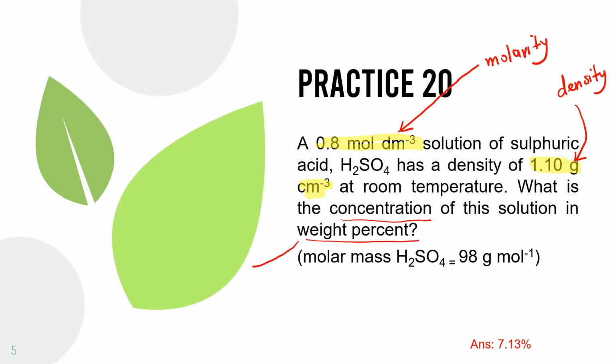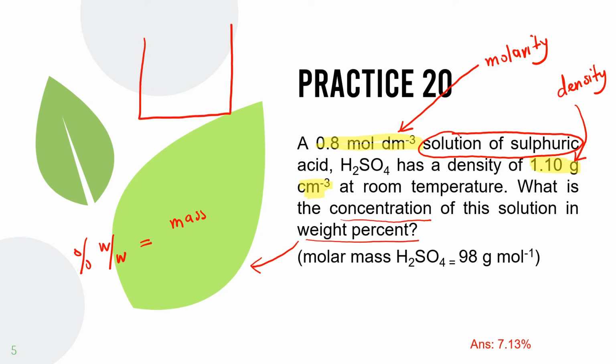It means you need to find the answer in the form of weight over weight or mass over mass, where in order to find this mass over mass percent, we need to have the mass of the solute. So who is our solute here? This is a solution of sulfuric acid. It means in the sulfuric acid solution, how many components do we have? We have two components.